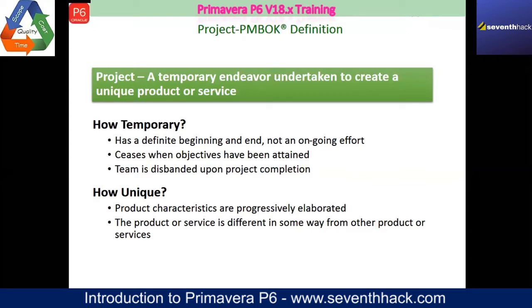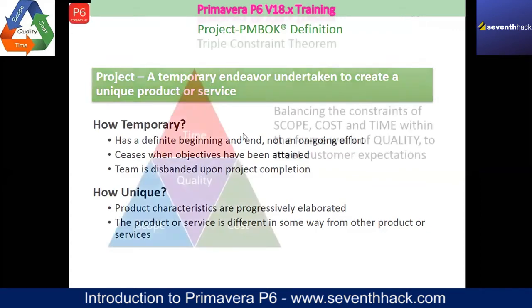So we move to the next phase with details from the previous phase, and then we detail out the phase. So the product or the service is different in some way from other products or services. Maybe it is the scale, maybe it is the cost, maybe it is the product features. So that makes each project unique.